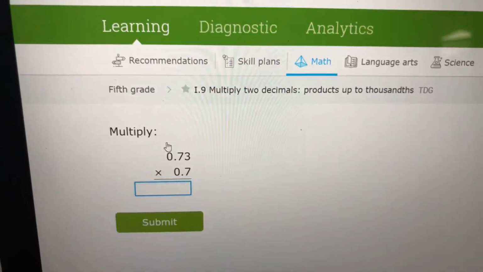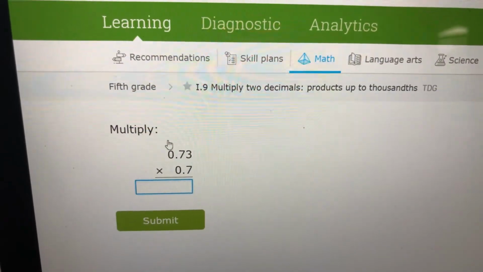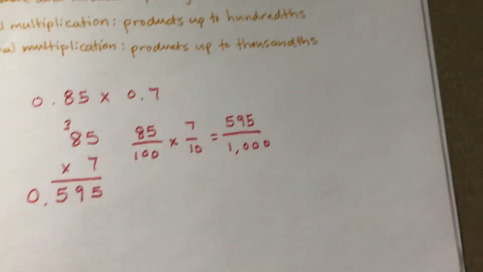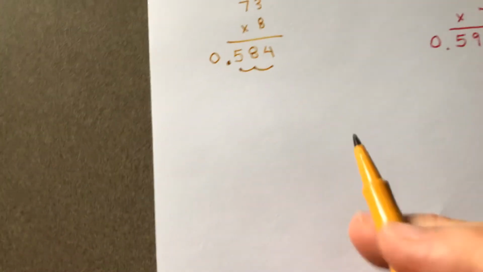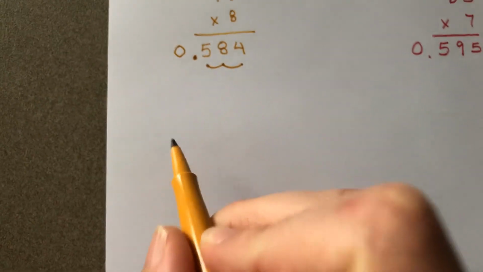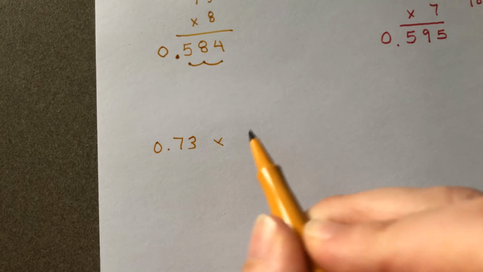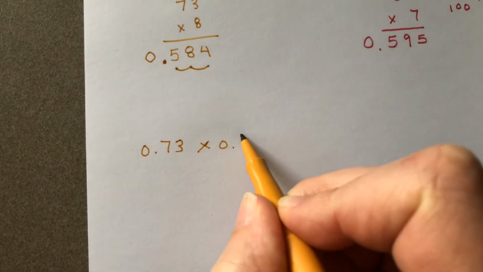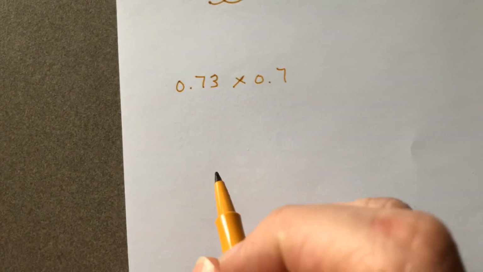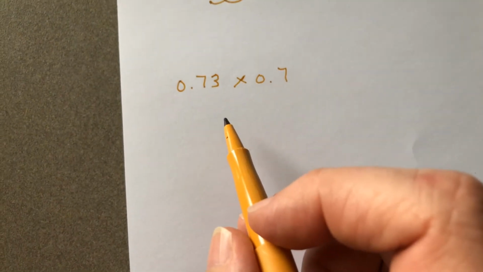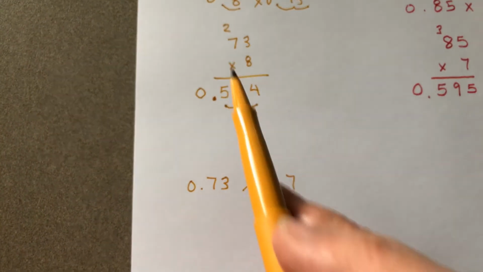Okay, next one. 73 hundredths times 7/10ths. So we've got 73 hundredths times 7/10ths. Well, it's very similar to the one we just did, right?